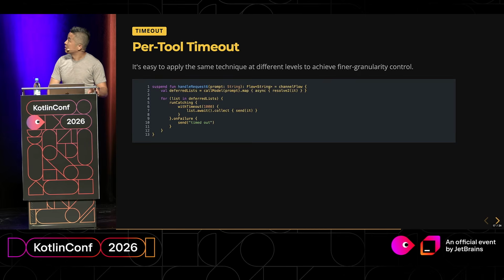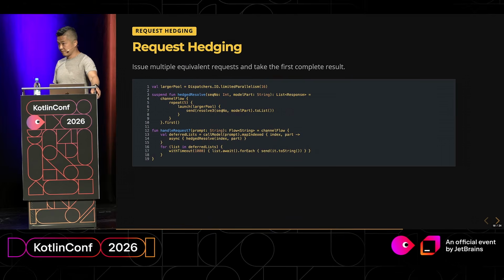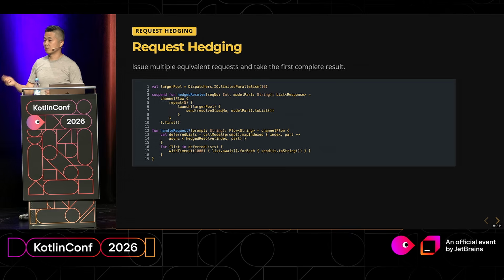So that's where you can do request hedging. The concept is pretty simple. Request hedging is you send the same request multiple times, preferably to multiple replicas if you have them, but even sending to the same replica might give you a better result too.